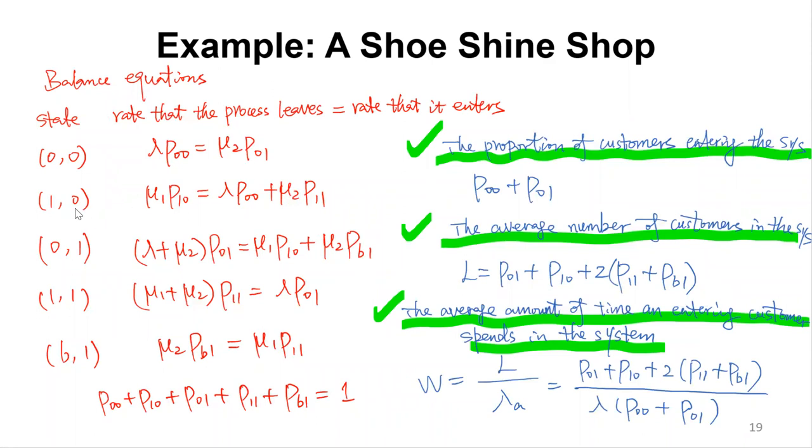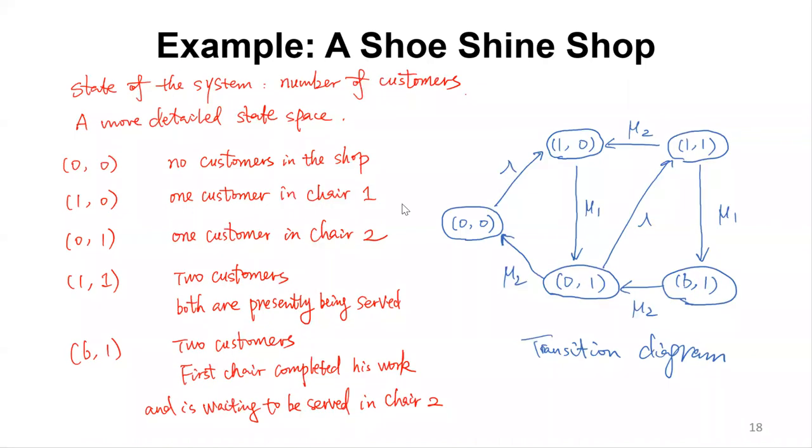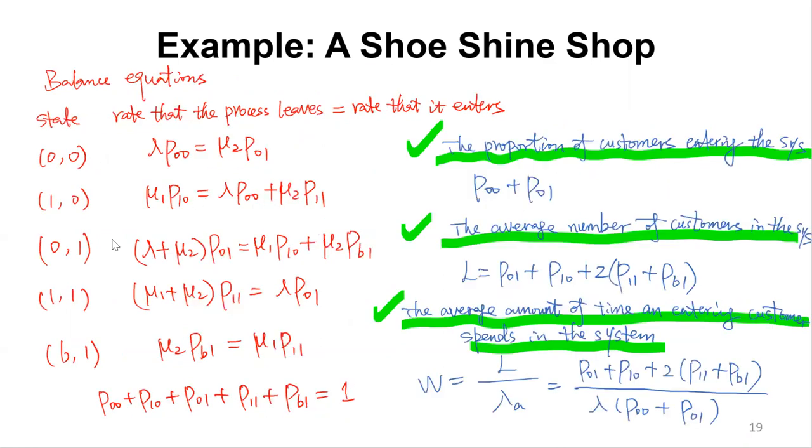For 1, 0, the rate leaving is mu1 P10 and the rate entering is lambda P00 plus mu2 P11. We can derive the same for all states. These are our balance equations. We also know that the probabilities of all the states 0, 0, 1, 0, 0, 1, 1, 1, and B1 should sum to 1.